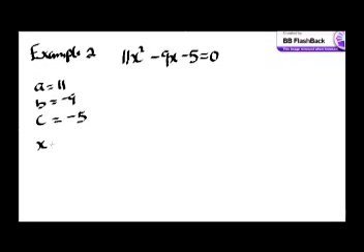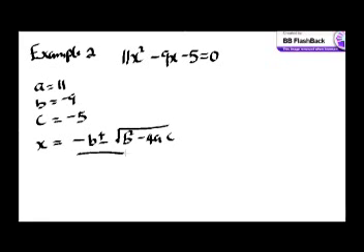Then I'll put them in my formula, which says x equal to minus b plus or minus square root of b squared minus 4ac all over 2a.